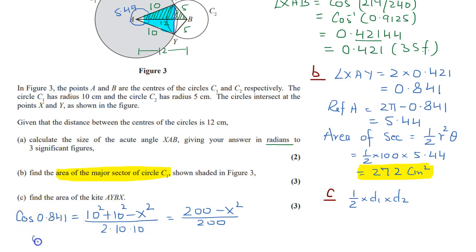This is 0.6667. Let's say 0.667 multiplied by 200 is equal to 200 minus x square.